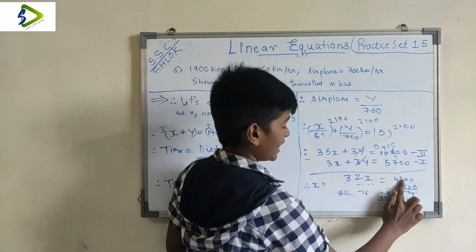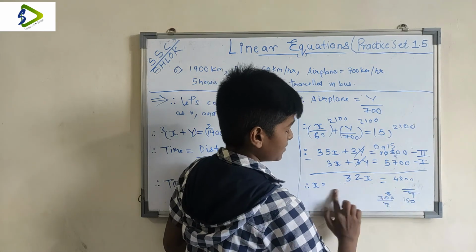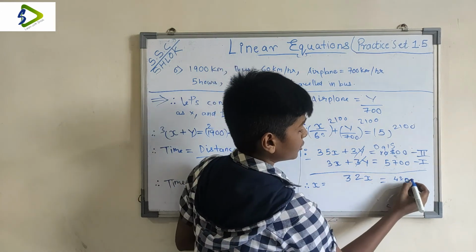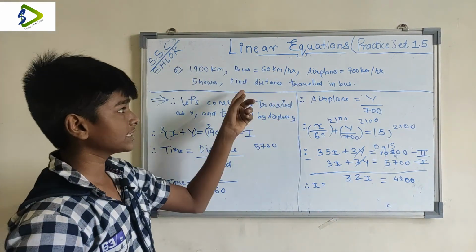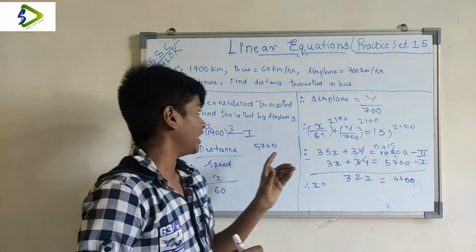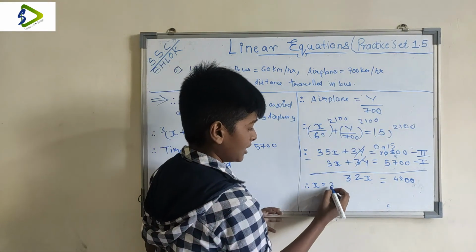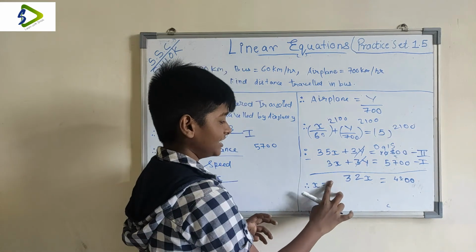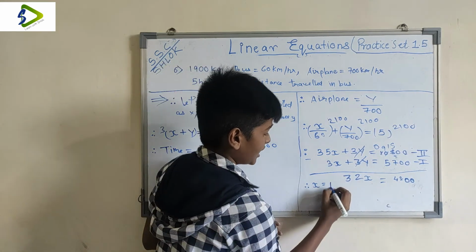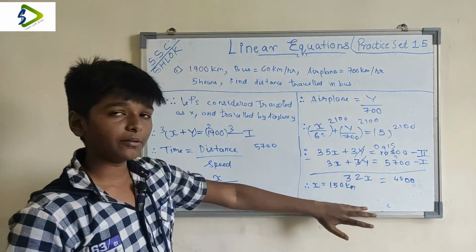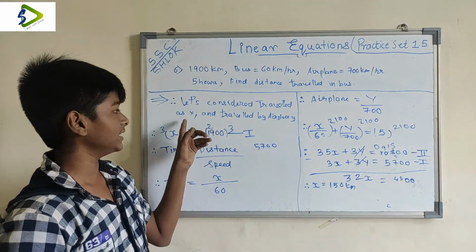So here what our answer is, many people what they do, they find the x and then they go and find y. But what the question asks is find the distance travelled by bus, and what is the distance travelled by bus? x, and we found x, and it is 150 kilometers.